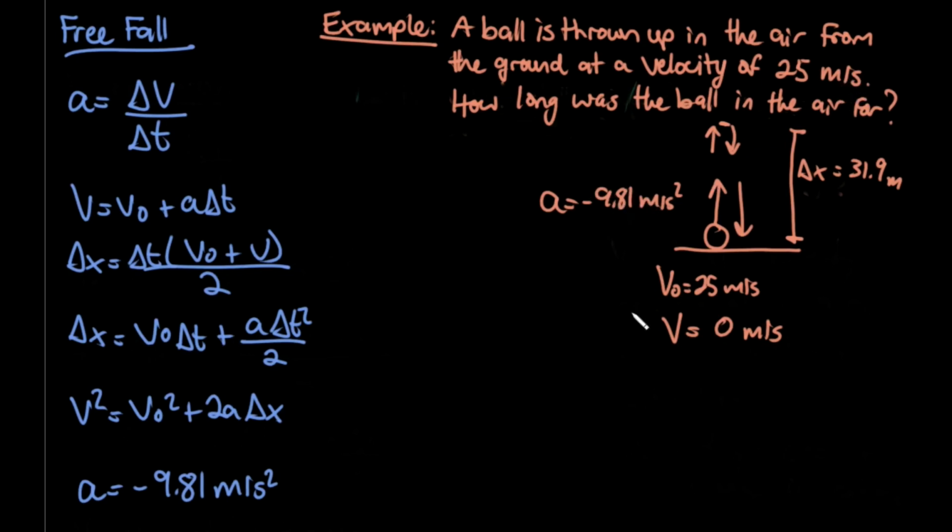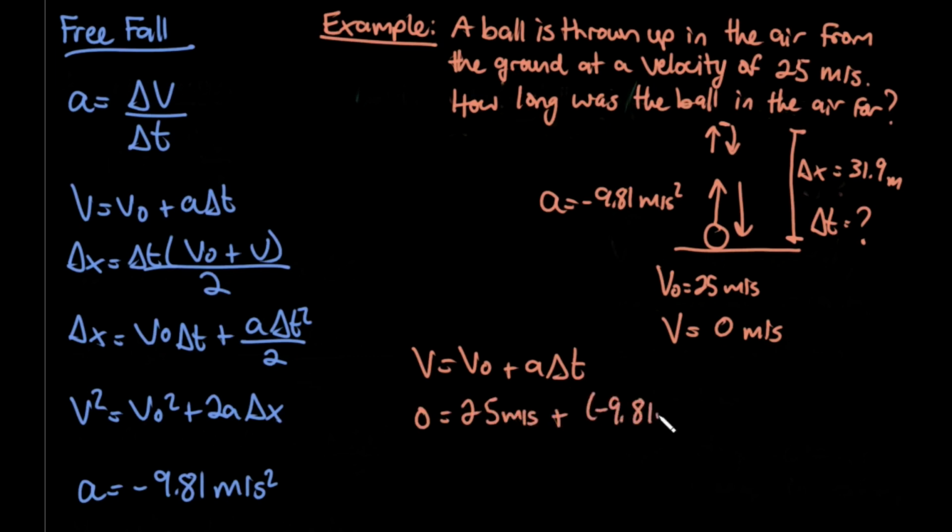We now have all of the variables except for our delta t. Since we have all of our variables, we can pretty much use any of these formulas to find our delta t. So why don't we take a look at this first one and use that to find our delta t. v is equal to v naught plus acceleration times delta t. We know that v is 0, v naught is 25 meters per second, and our acceleration is negative 9.81 meters per second squared.